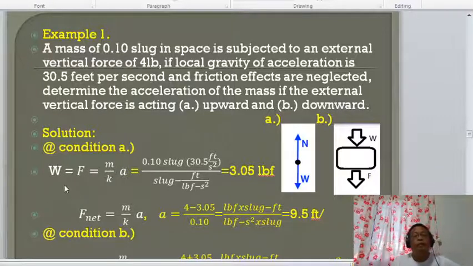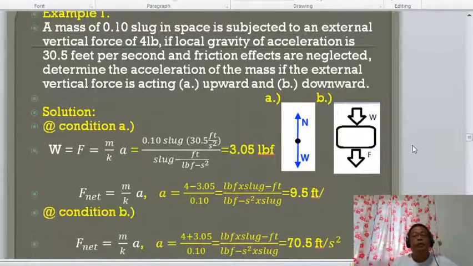The 4 pound is upward and the force developed by the mass is 3.05, which is downward direction. So, subtracting the two, and then dividing by the mass of 0.1, the acceleration now is 9.5 feet per second square.